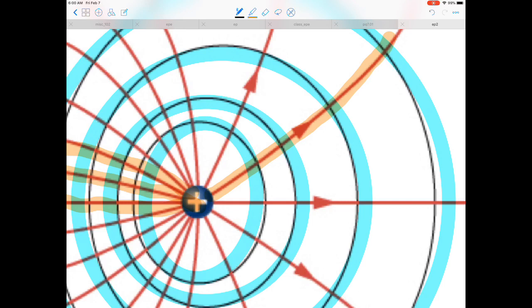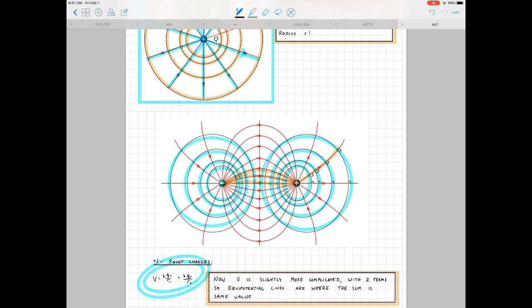And they're curving in such a way that every time we cross a field line and an equal potential line, the angles at which those two lines are crossing is 90 degrees. And you can really see that with this horizontal electric field line. But that's the case for all of the field lines that are drawn.